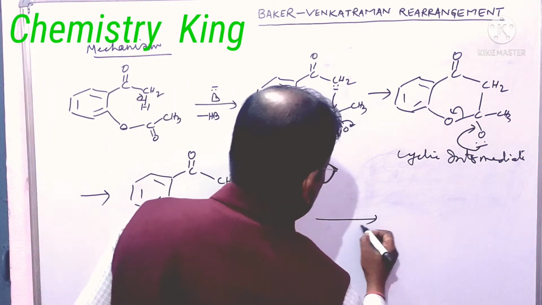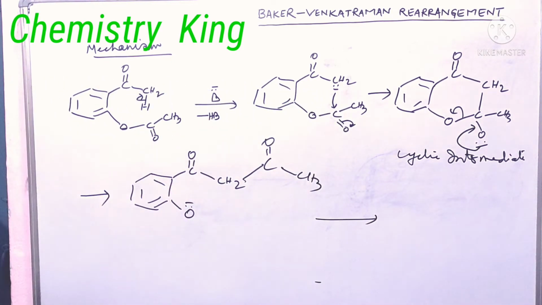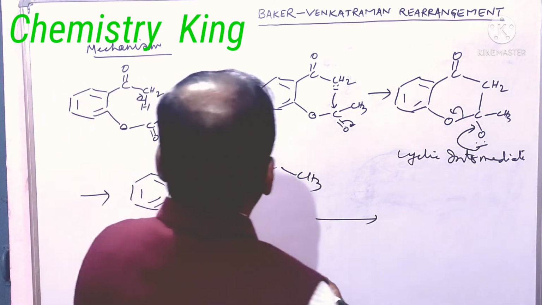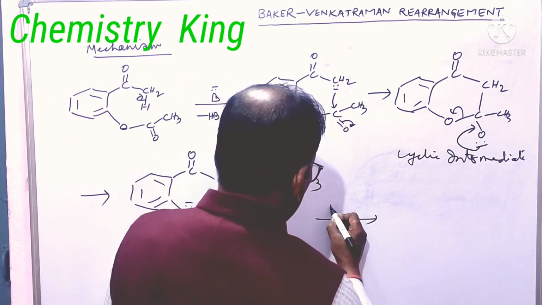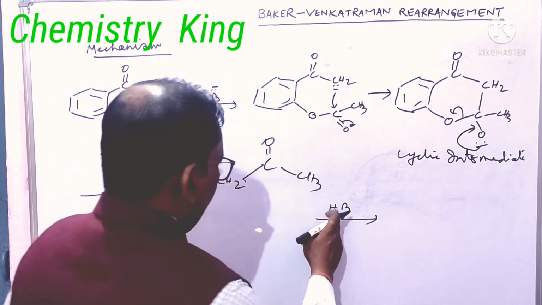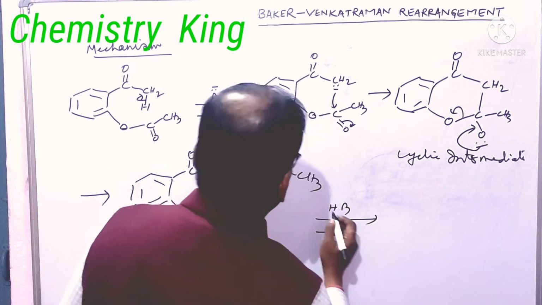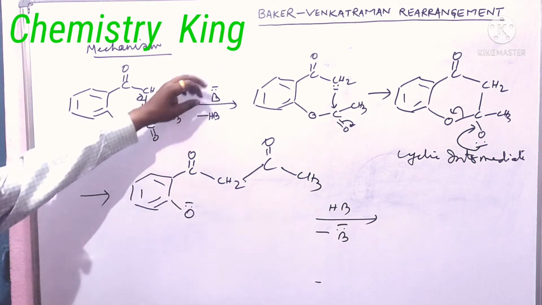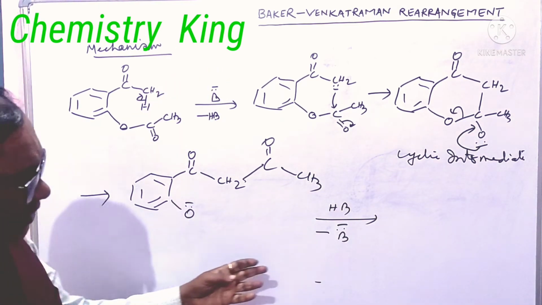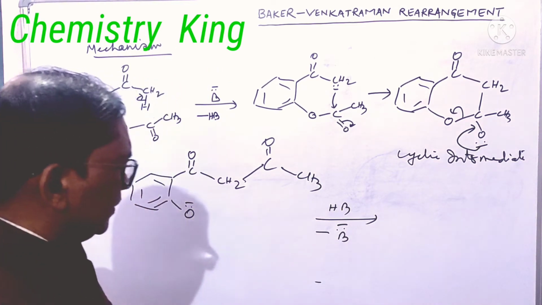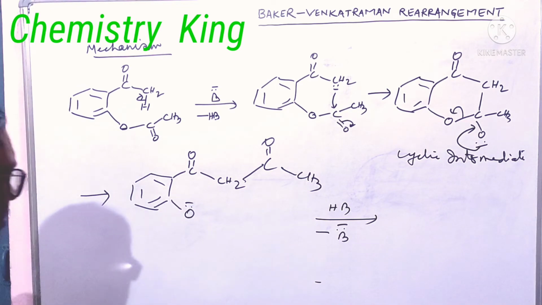In the first step, HB has been liberated. So this HB will give H plus here with elimination of B minus. This B minus has been utilized and is being released in the last step.